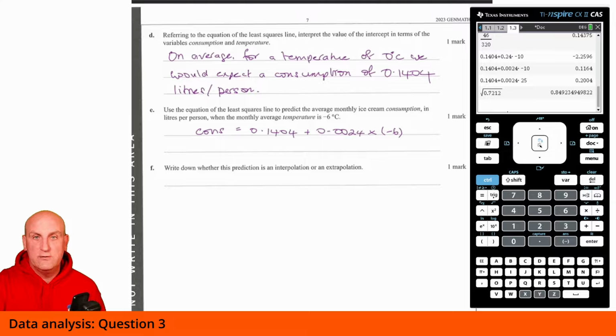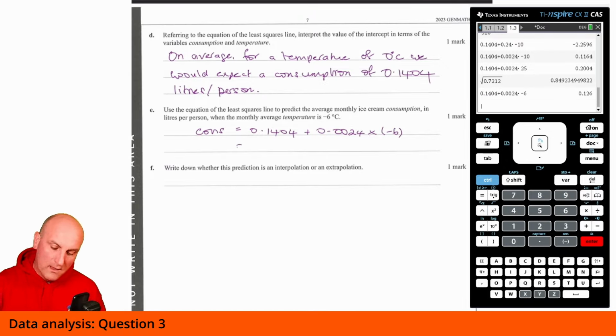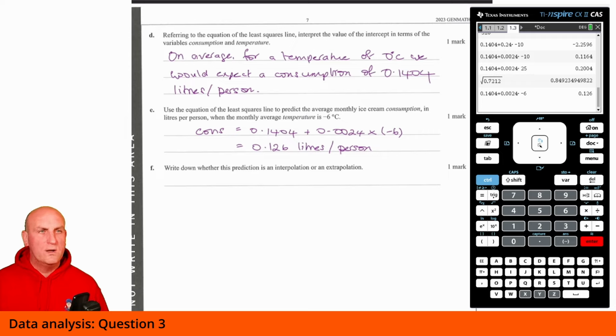Now, I've already got my calculator open, so is it going to let me do this? Yep, let's just go back up here. And I copy that one down and get rid of -10 and make it -6. So it is equal to 0.126 liters per person. And again, I'm just going to check that. Yep. So 0.1404 plus 0.0024 times -6.